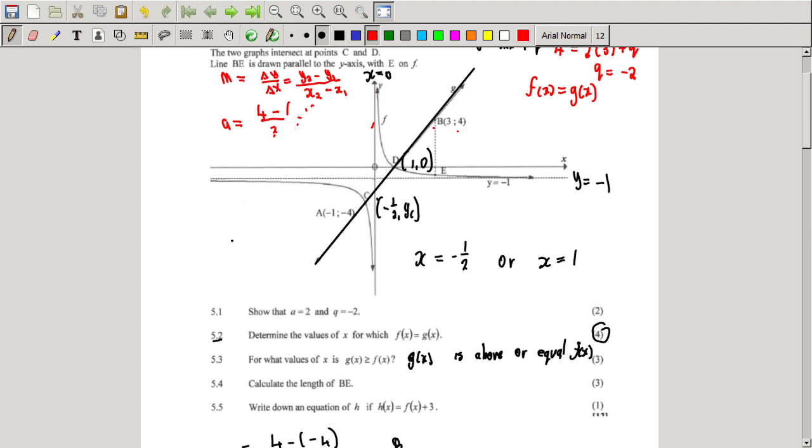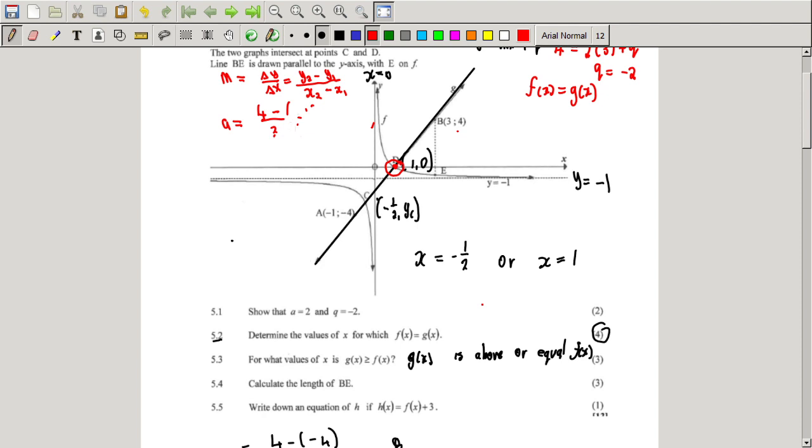So now we see in this portion, from here going there, g is above. You can see because here f is below, and here g is equal to f of x. We should also check that. So that is the first one.